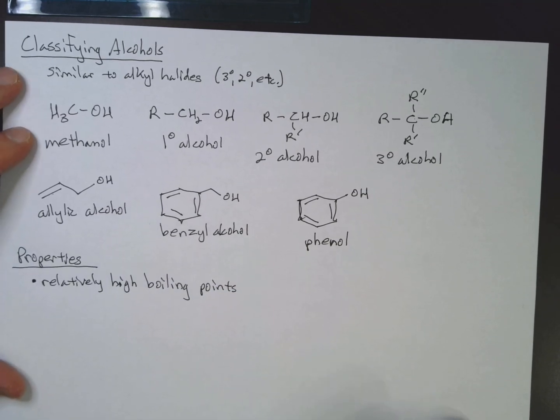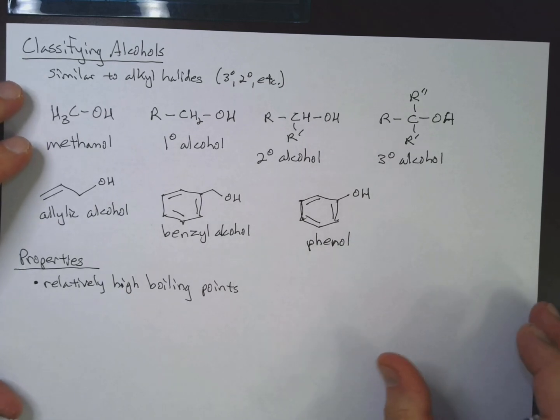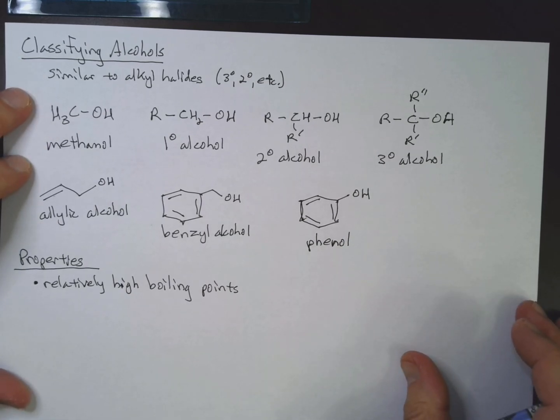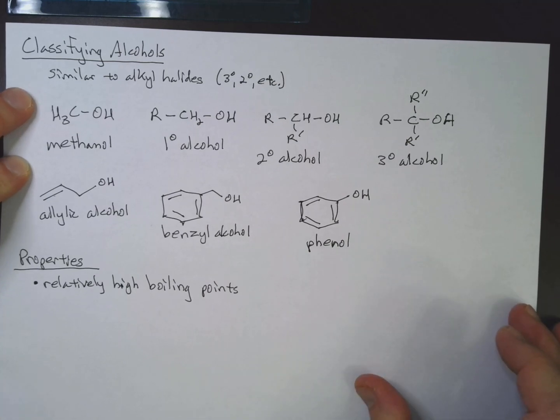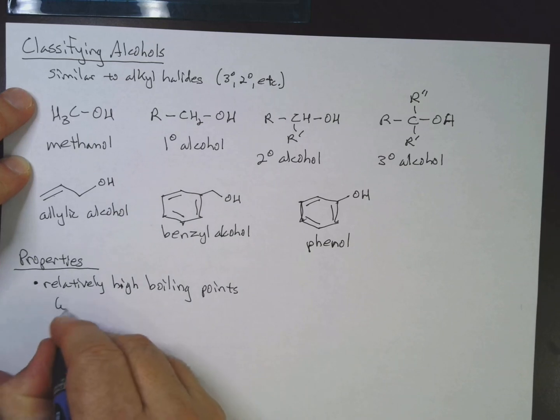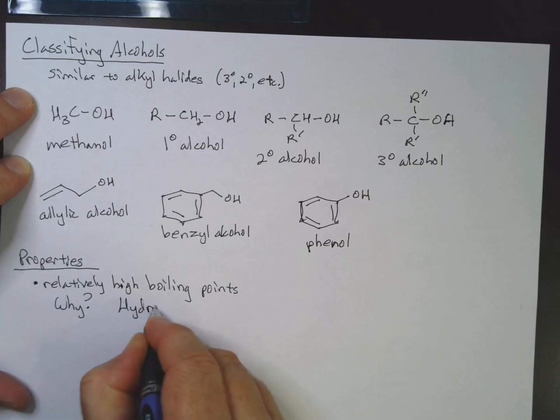The main one that I want to mention is the relatively high boiling points of alcohols compared to other organic compounds like alkanes or even ketones and aldehydes. Typically, our alcohols are going to have higher boiling points. Why is that? The answer is hydrogen bonding.